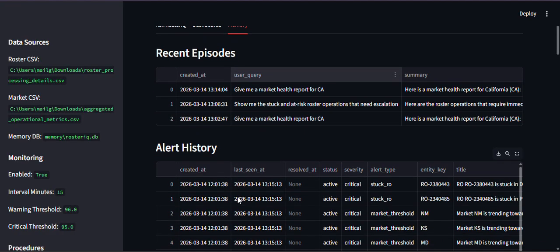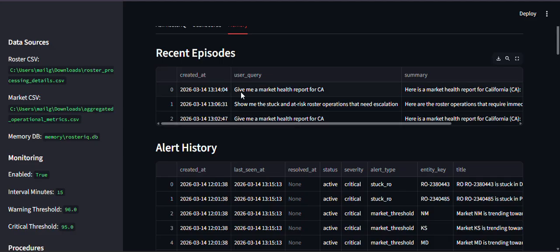The most important part of our project is the memory system, because that's what makes our agent smarter over time. We have used SQLite-based memory with multiple layers. First, we store episodes, which are the past user questions and answers. This is our recent query which has been saved, and these two were typed by me a few minutes ago. So these have been saved in the recent episodes.